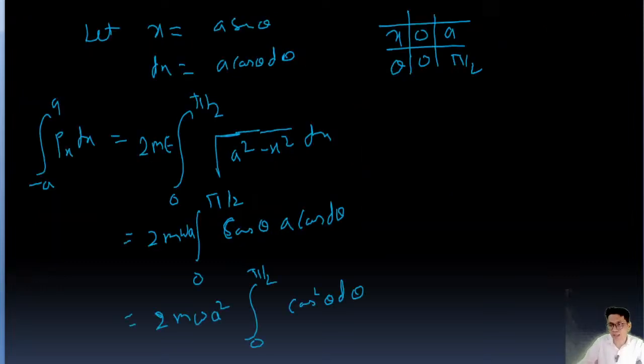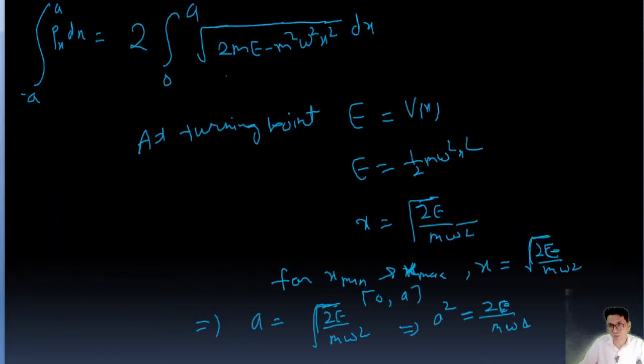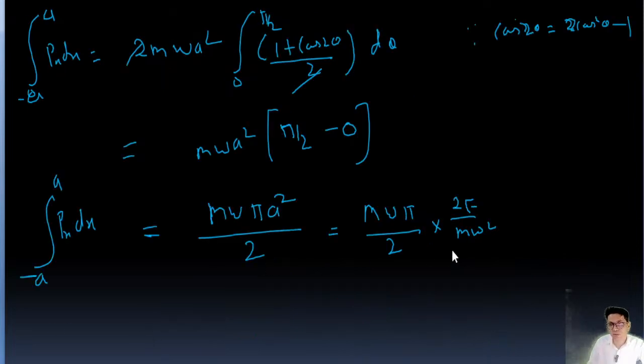I have already found this value, a square is 2E upon m omega square, right guys? So omega will get cancelled, m will get cancelled, and the 2 will get cancelled, so this is going to be E pi upon omega.